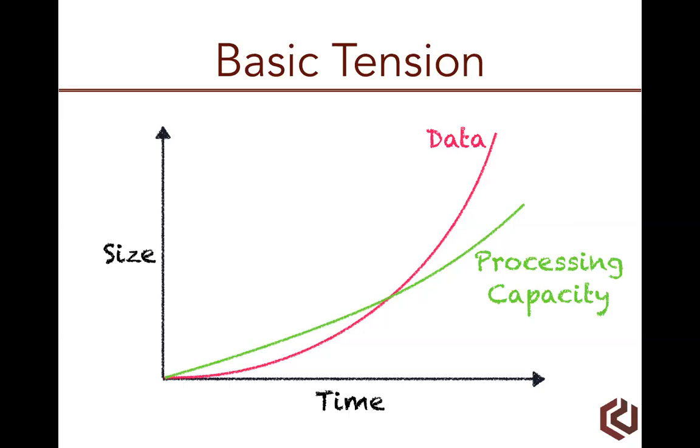But at its heart, right now, data is growing faster than compute. Depending on whether you ask an optimist or a pessimist, we're roughly at that inflection point, maybe a little to the right, maybe a little to the left. But fundamentally, data is growing faster than compute.